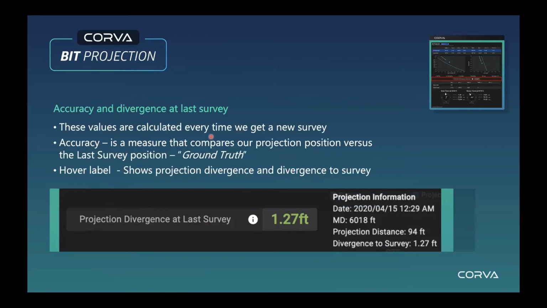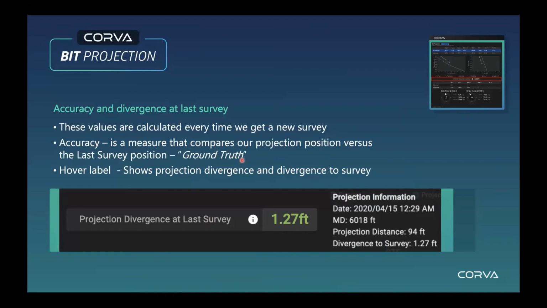These values are calculated every time we get a new survey. Previously I showed you all the data points between these two survey stations and the bit. When we get a new survey, we can calculate these values. Also, a really important thing is everything is calculated against the last known survey position. That is our ground truth for comparison.